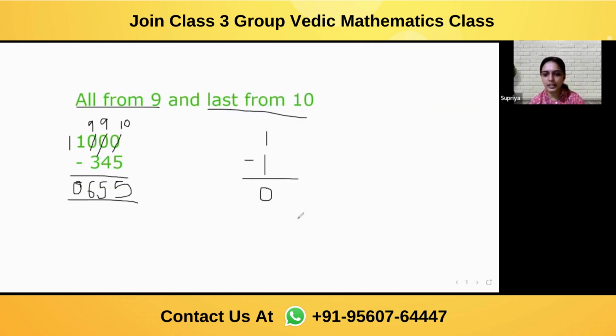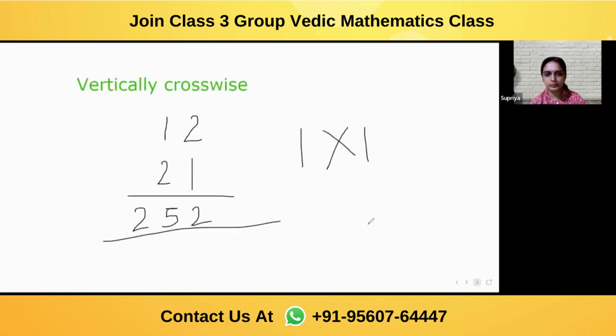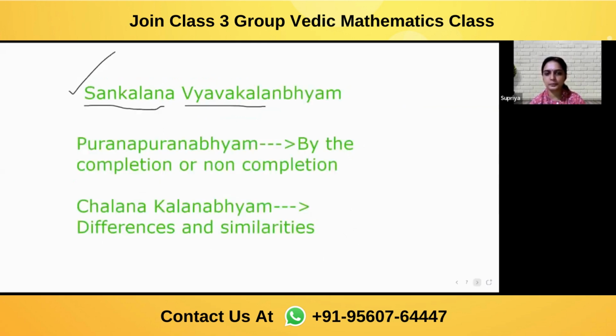Next, this is the application of all from 9 and last from 10. Next is vertically and crosswise multiplication, which is the application of that. Next is Sankalana Vyavakalanabhyam. This will be used when we solve a problem which includes both addition and subtraction.